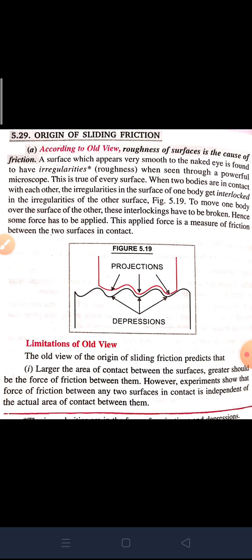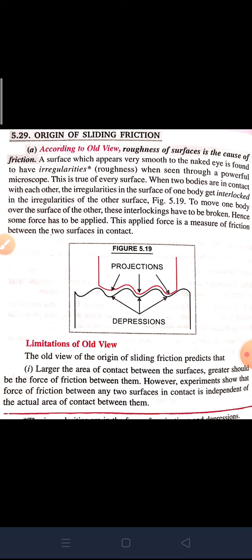First of all, we'll see that according to the old view, roughness of surface is the cause of friction.